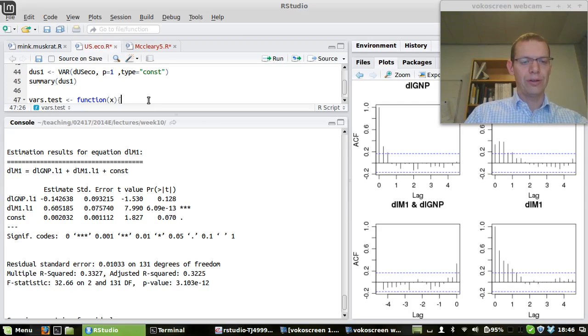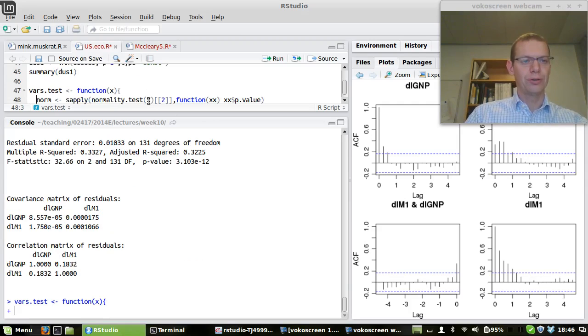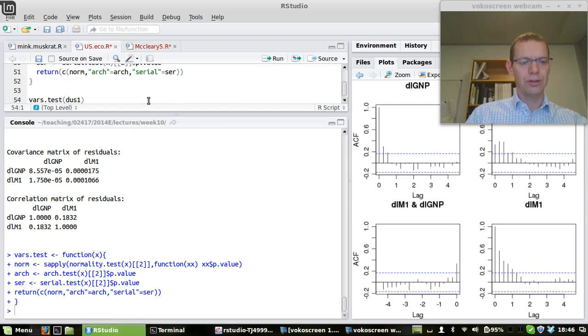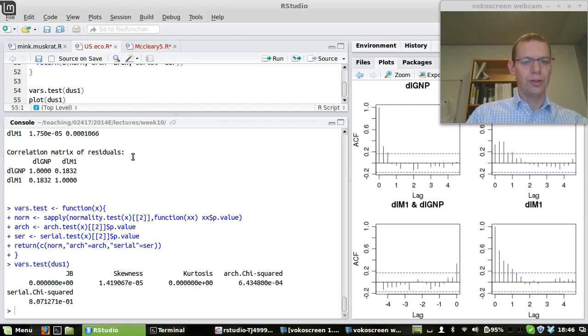To test all the variance assumptions and stuff like that, we'll use the same function as we used for the muskrat example and just do it all in one go. And this time we see that the Jarque-Bera is highly significant, skewness is highly significant, kurtosis is highly significant, the conditional heteroscedasticity is highly significant, and there's also some serial correlation, which is not highly significant at 0.8.